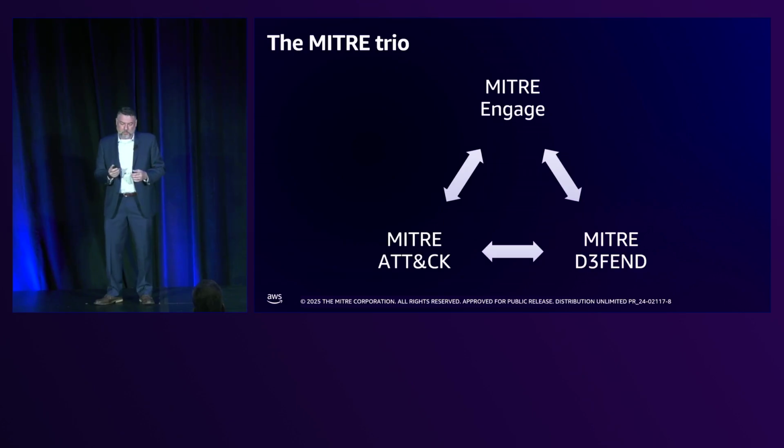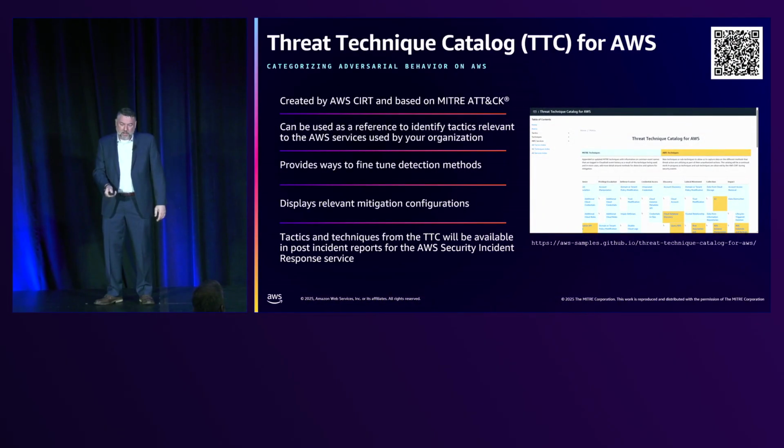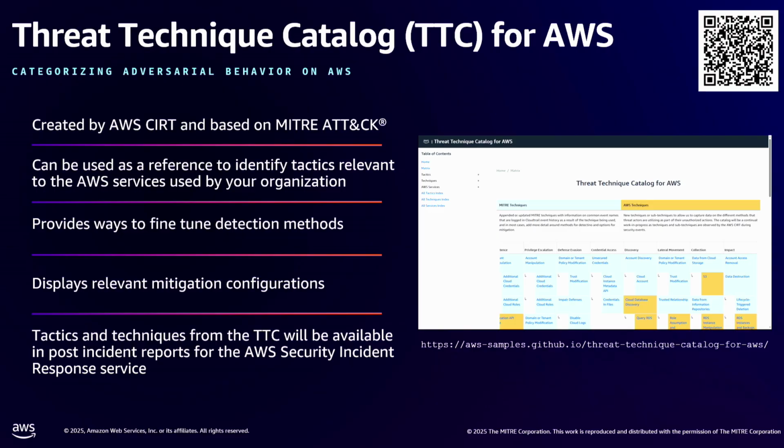And I help with the CREF Navigator as part of the cyber resiliency engineering framework and some of the work that goes in that space. But for this discussion, we're talking about what can be done with a threat catalog for AWS. And so we've done some partnered research and created the TTC for AWS, and that's what you see here with the QR code.